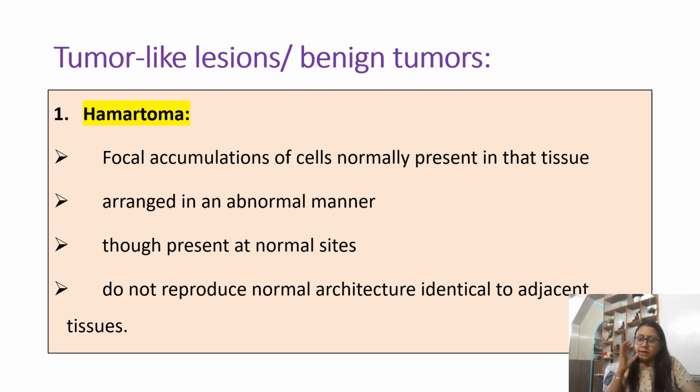So that is accumulation of cells representative of that organ, but in some abnormal manner, or the arrangement is not normal. Though they are present at their normal site, their arrangement is not appropriate to that specific period, so they do not reproduce normal architecture identical to the adjacent tissue. That is why we say it is a tumor-like lesion: not normal, but they behave like tumors.